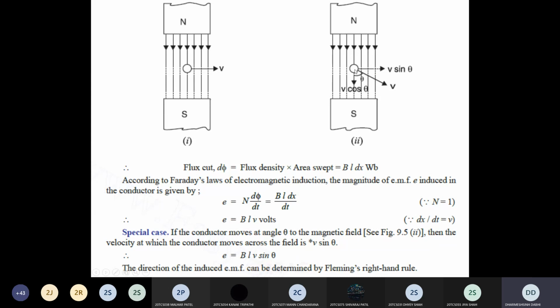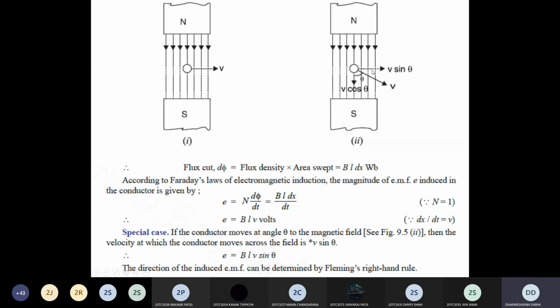It means it is moving with velocity v at angle theta to the flux. So the component in the direction of flux is v cos theta. In the perpendicular direction, the velocity component is v sin theta.